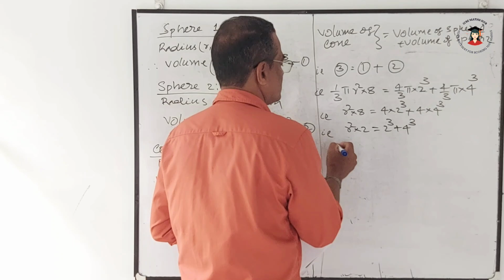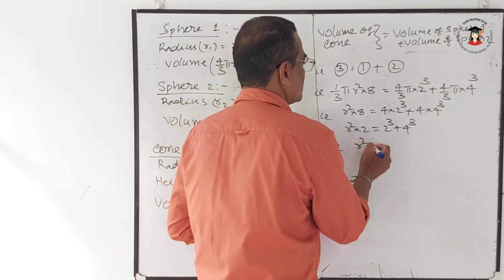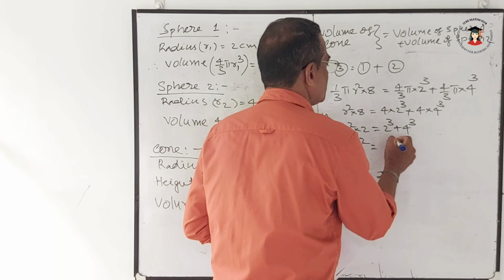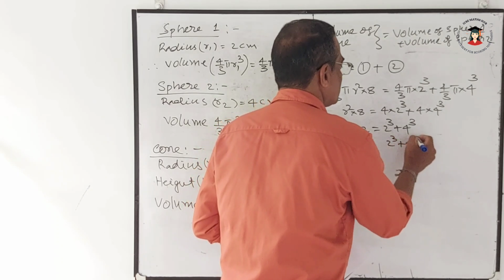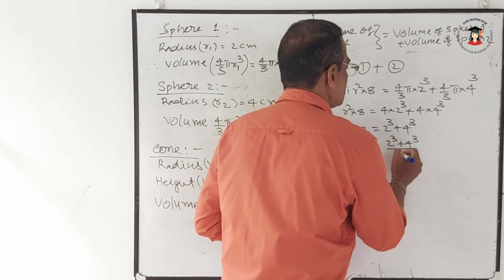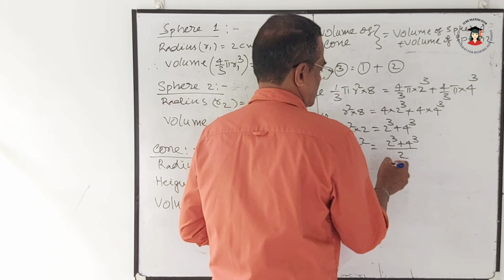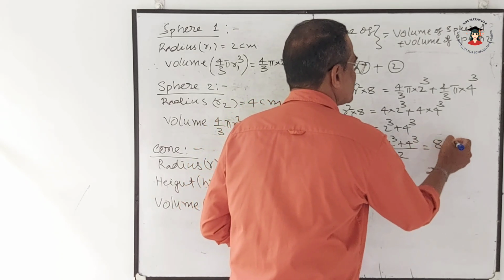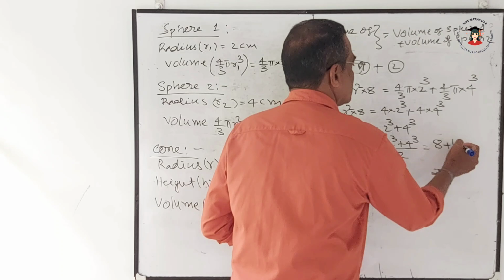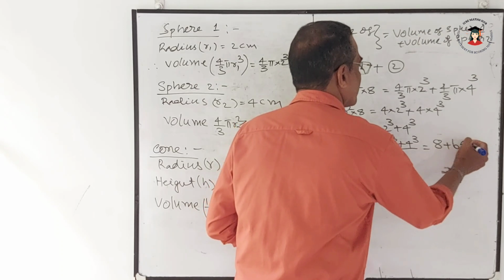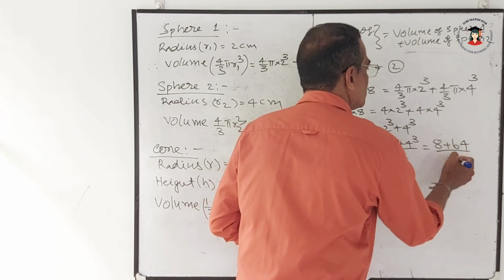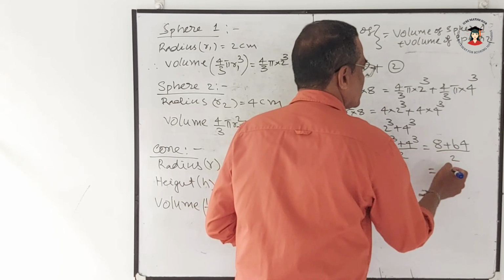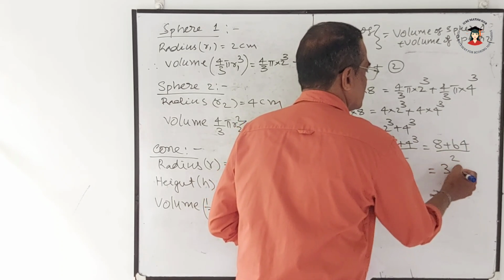That is, r square is equal to 2 cube plus 4 cube divided by 2. 2 cube is 8 and 4 cube is 64, so 72 divided by 2, which is 36.